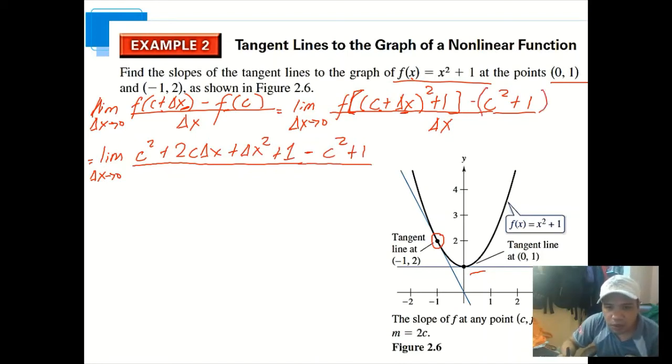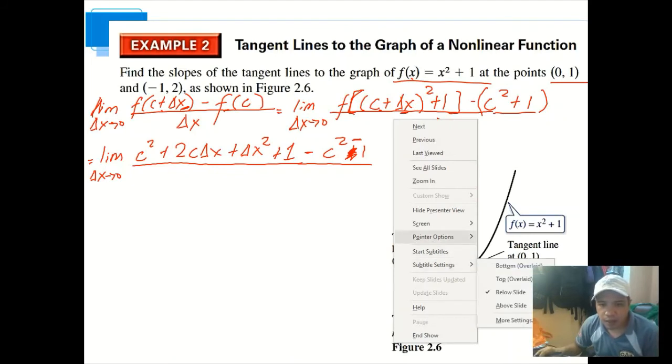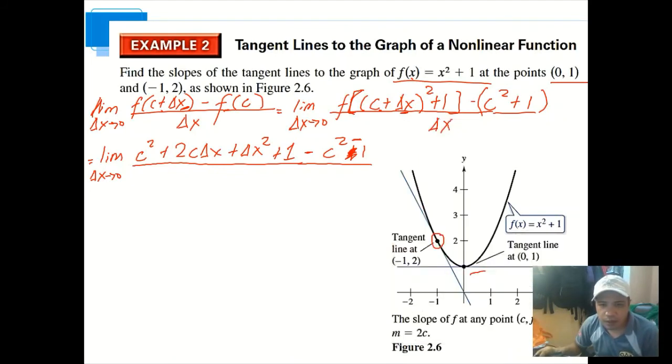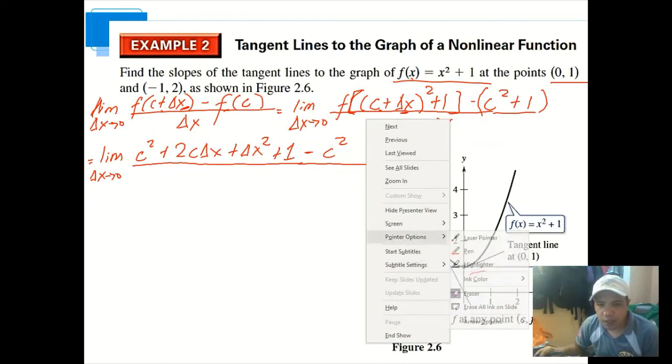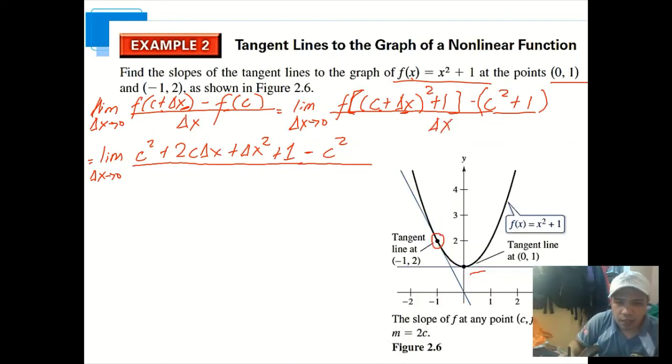So, minus c squared minus 1. Dapat minus to. Minus 1. Ayusin ko lang para hindi confusing. So, minus 1. Delta x. Now, kung isi-simplify ko to, mawawala si c squared. Mawawala din si positive and negative 1. Ayan. So, matitira is 2c delta x plus delta x squared.